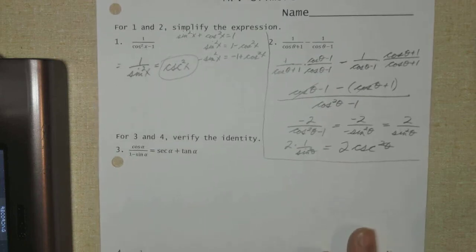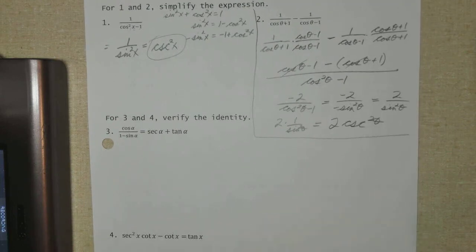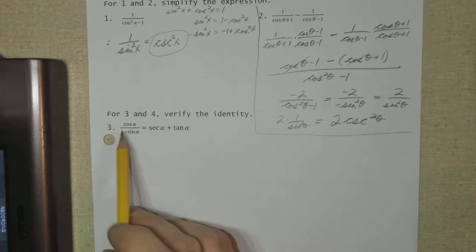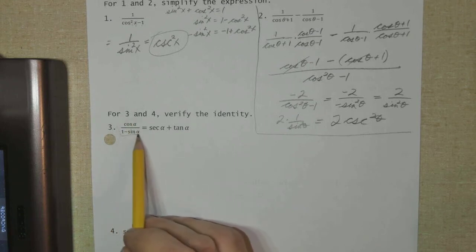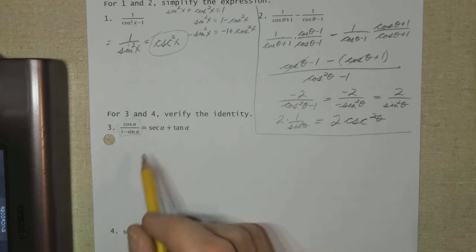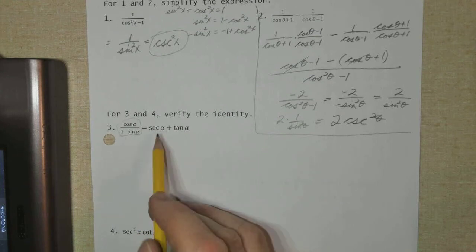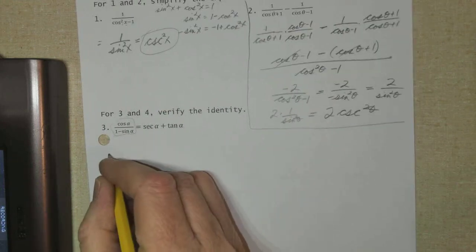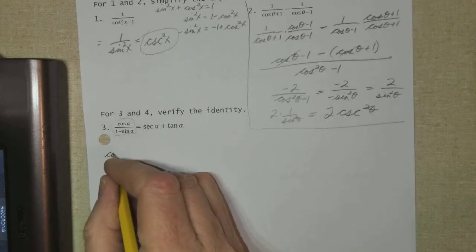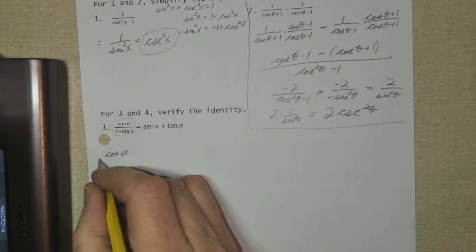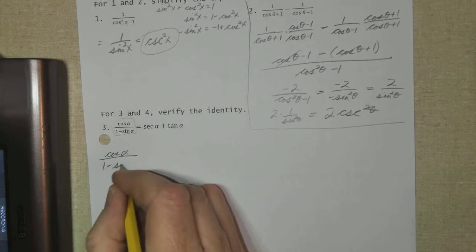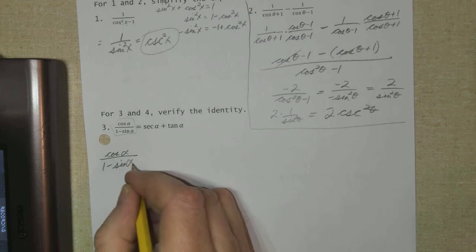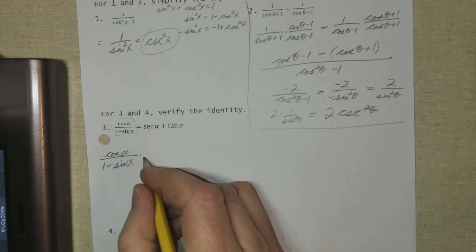Okay. Now this next one. I'm going to work with this side. And I'm trying to make it look like this side. I'm going to take cosine alpha over 1 minus sine alpha. I'm going to do something like the conjugate, use that.